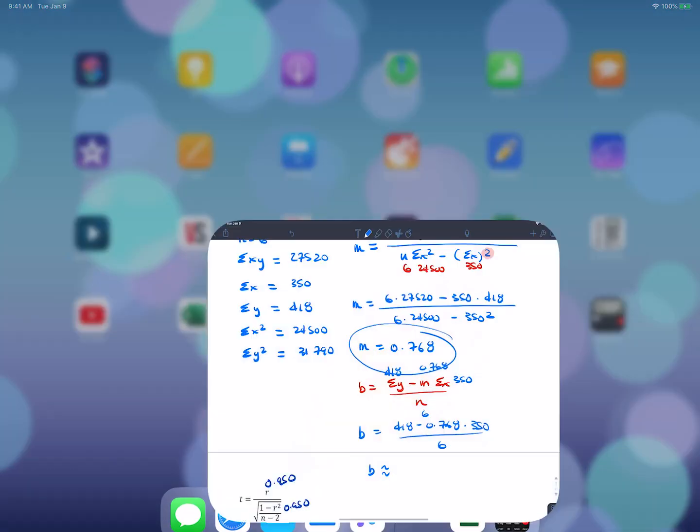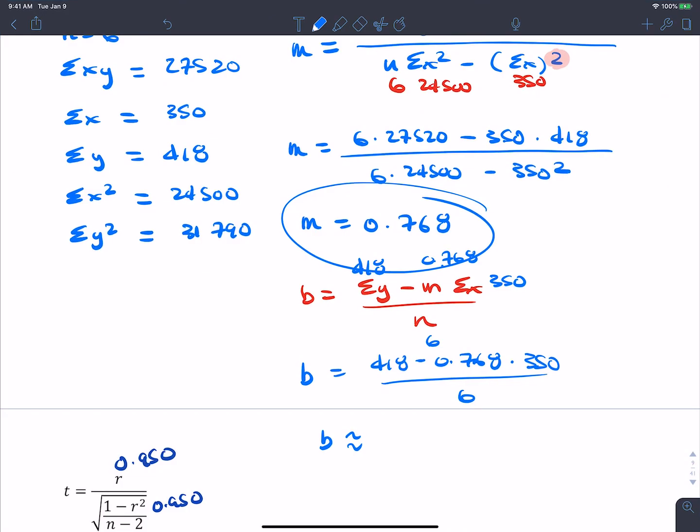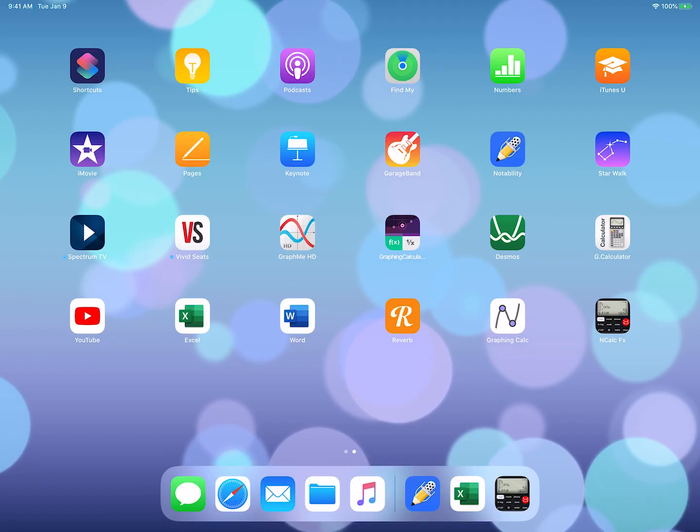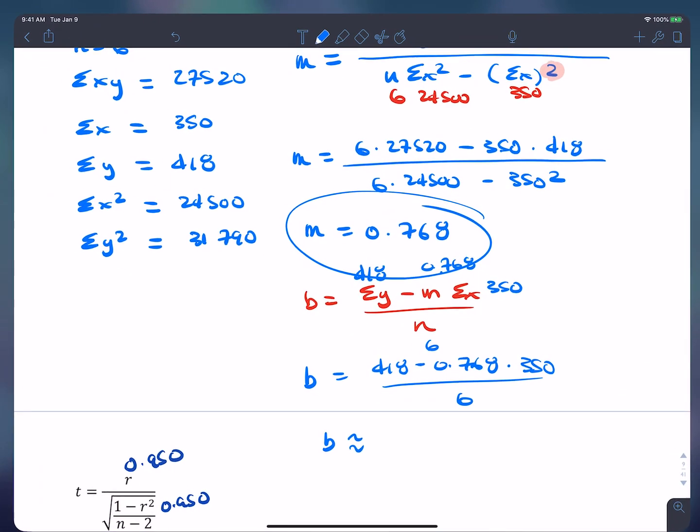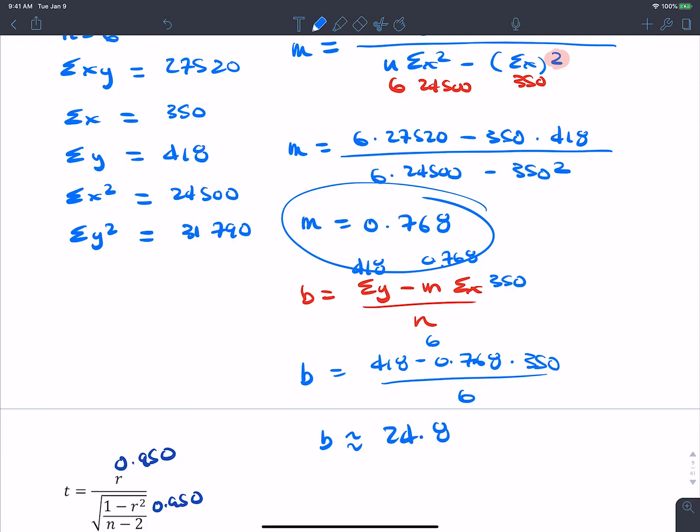Oh, no, I'm sorry. Nope, we don't need a 6. Oh, you're right. Okay? So what do we get here? 24.867. Good. Go to the thousandths. Do you guys see it? So this is what we're going to have to use here. Let's find our best fit line. So make sure you guys write down the slope, 0.768, and the y-intercept of 24.867.